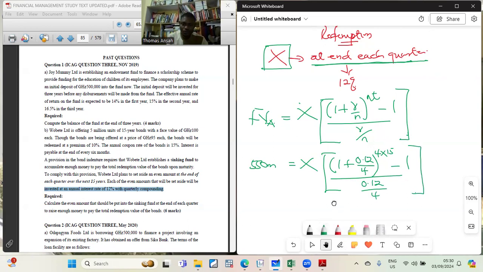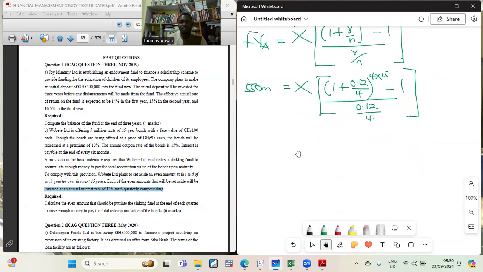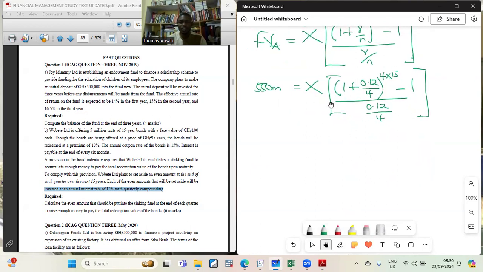That's all. Once you're able to do this, the next thing is to work within here. So what I'm going to do is that I have 0.12 divided by 4. All right, I'm doing this part. That gives me 3 over 100. Then plus 1 here, so 103. Then I raise to the power 4 times 15. I've done that.